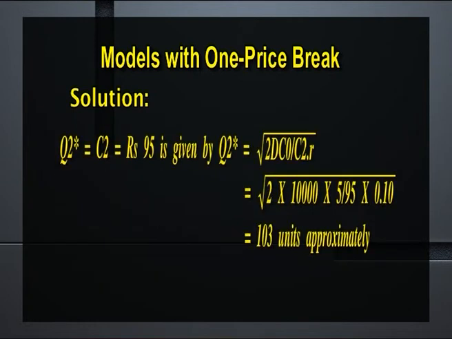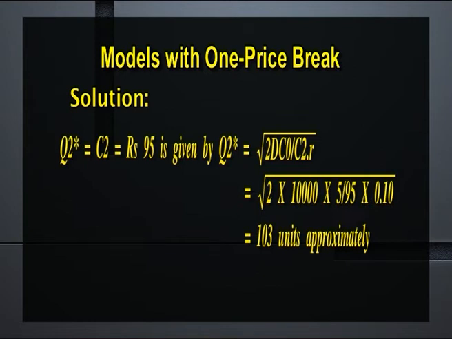Then we will calculate the optimum order quantity Q2 star based on price C2, which is ₹95, given by Q2 star equal to square root of 2 D C naught divided by C2 into R, equal to square root of 2 into 10,000 into 5 divided by 95 into 0.10, which is approximately 103 units.